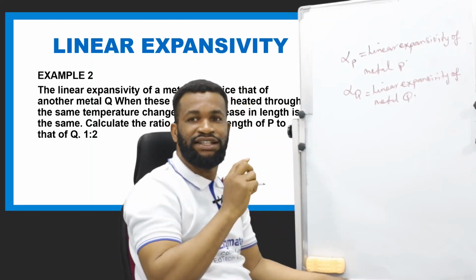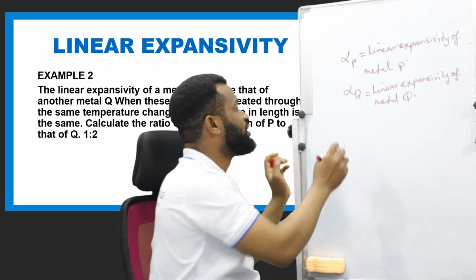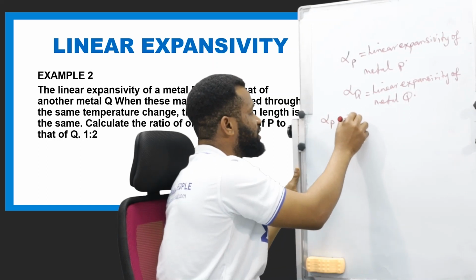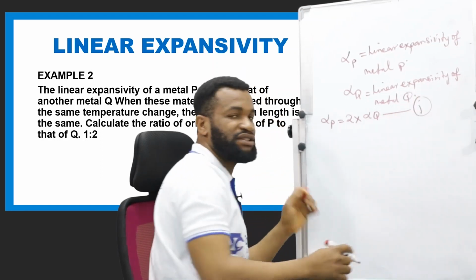However, they say that the linear expansivity of the metal P is twice that of Q. Therefore, the linear expansivity of P is 2 times the linear expansivity of Q. This is very important. We need to keep this.